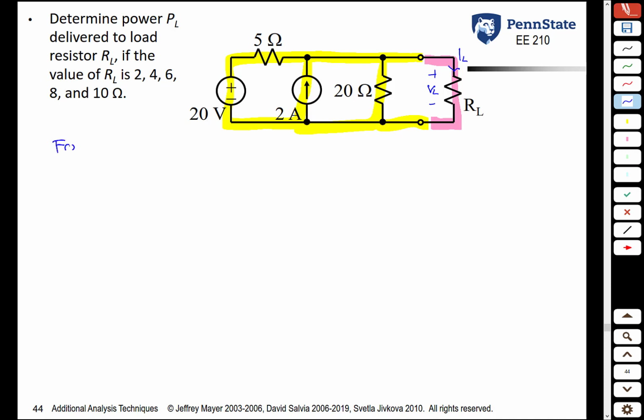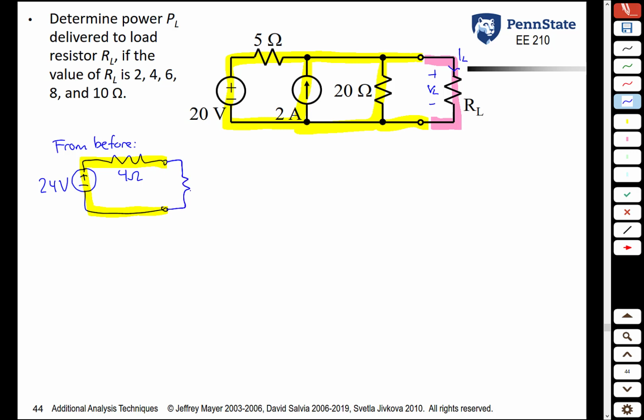From before, what do we know? We know that the Thevenin equivalent circuit of everything except for the load is a 24 volt source in series with the 4 ohm resistance. So basically, as far as that pink load is concerned, everything else in the circuit looks just like that.